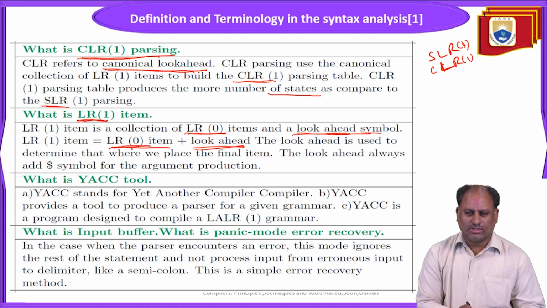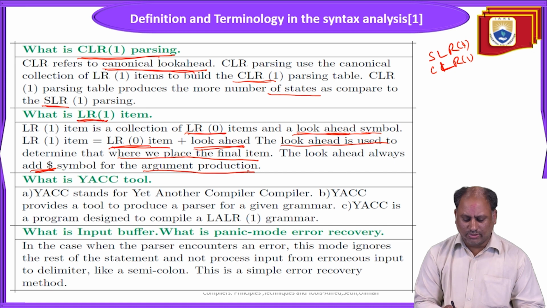Previously we learned that LR(0) items mean augmented productions which are to be added. The look-ahead is used to determine where we place the final item. The look-ahead always adds the dollar symbol for the augmented production. So this is the most important look-ahead: the introduction of the dollar look-ahead, to be placed for the corresponding augmented productions.